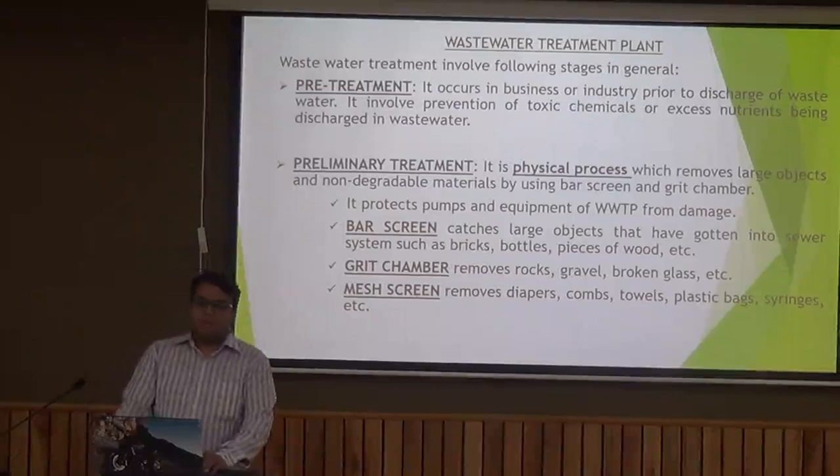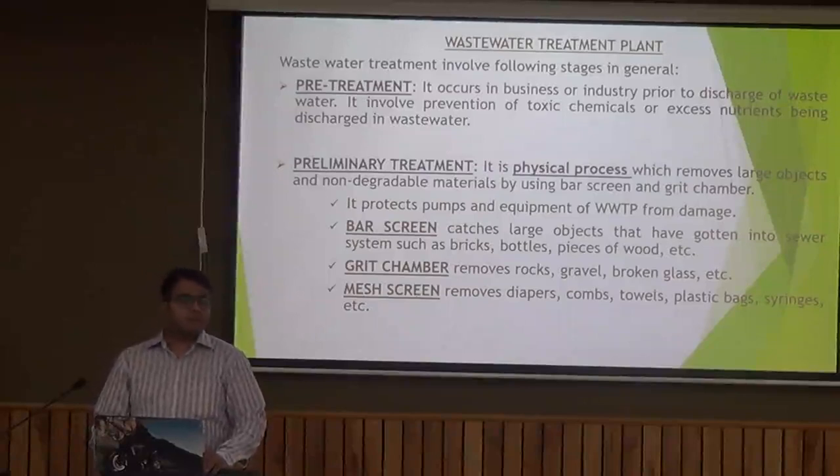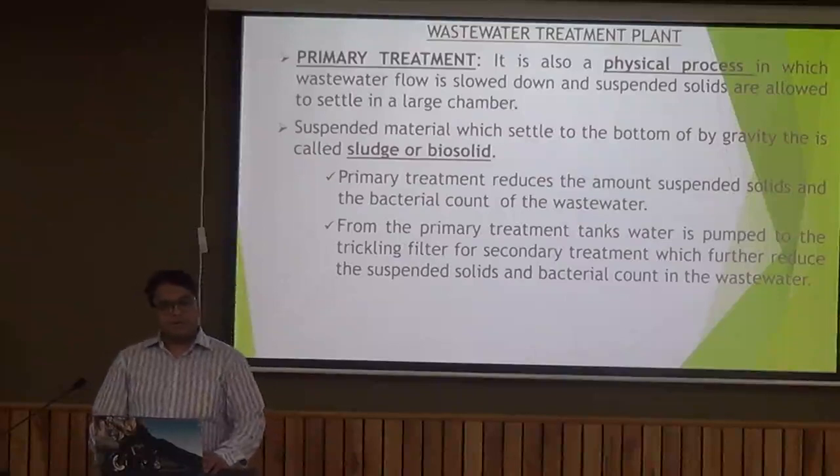Next is preliminary treatment, which is a physical process. It is done using bar screens, grit chambers and mesh screens, and in this process we remove large size impurities like plastic bottles, plastic bags, rags, etc. Next is primary treatment, which is a physical process.